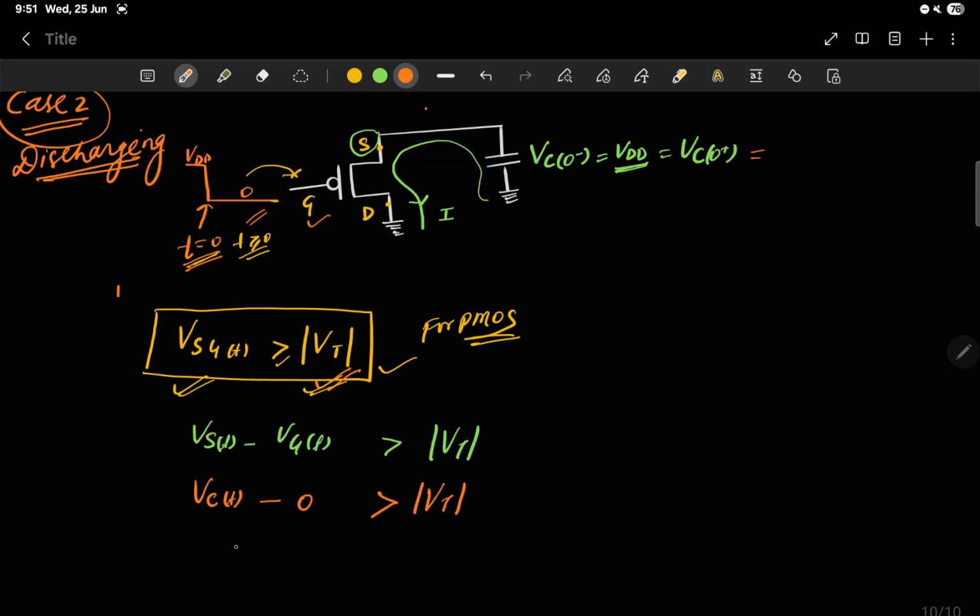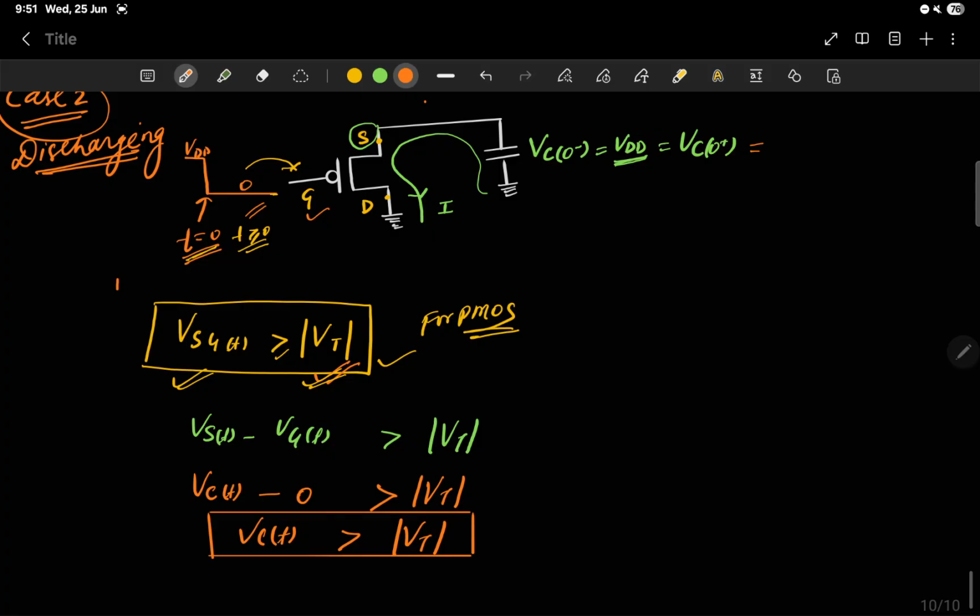So there is a condition: when Vc(t) is greater than the threshold voltage Vt, then only my discharging will take place.